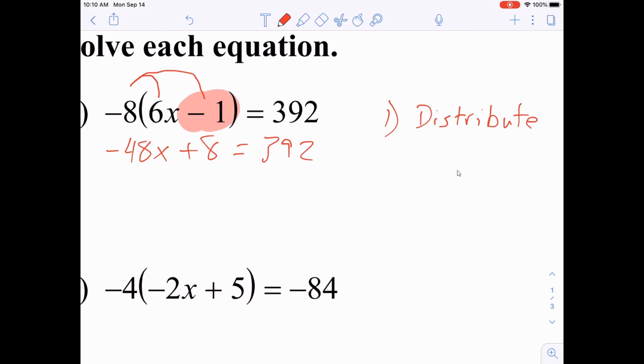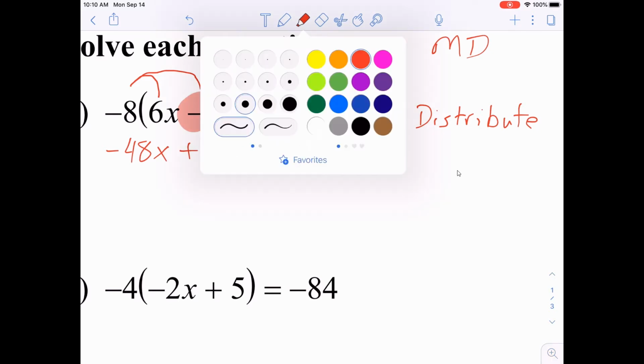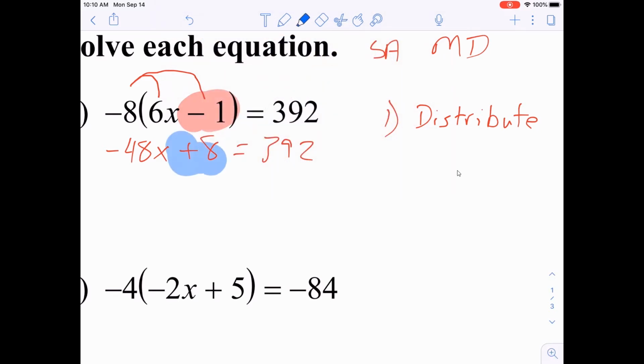And now I have a two-step problem, and so now I'm going to solve this one by doing the inverse operations. I want to start with doing subtraction and addition, and then move on to multiplication and division. So the next thing I'm going to get rid of is the plus 8. To get rid of plus 8, I have to subtract 8 from both sides of the equal sign.